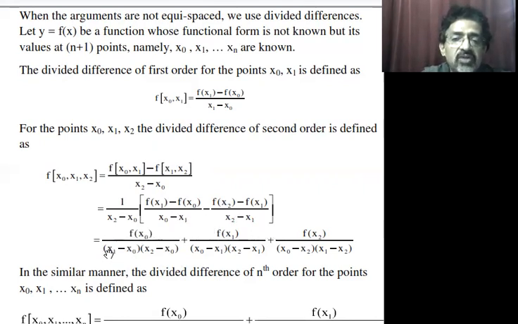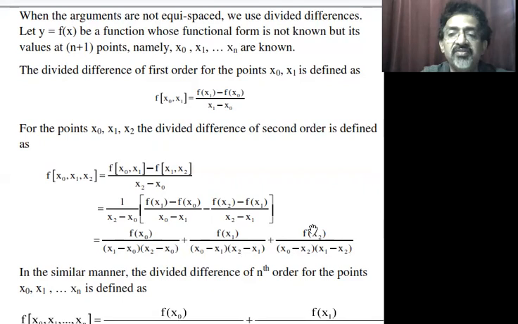So I get f of x naught divided by x naught minus x1 into x naught minus x2, plus f of x1 divided by x1 minus x naught into x1 minus x2, plus f of x2 divided by x2 minus x naught into x2 minus x1. Here, see what I have done. For f of x naught, the denominator has the difference of x naught from the other terms, and likewise for f of x1 and f of x2.